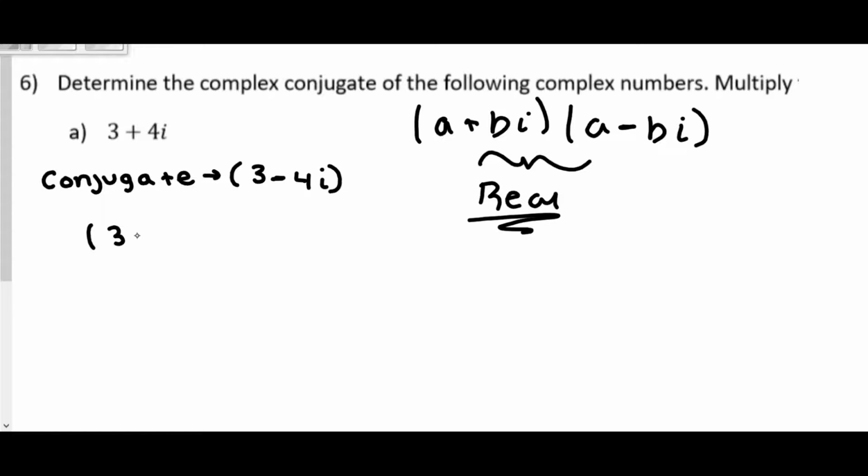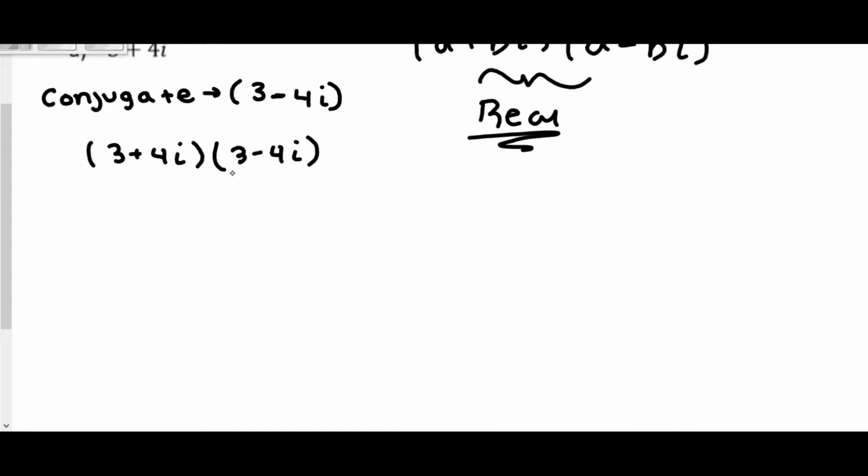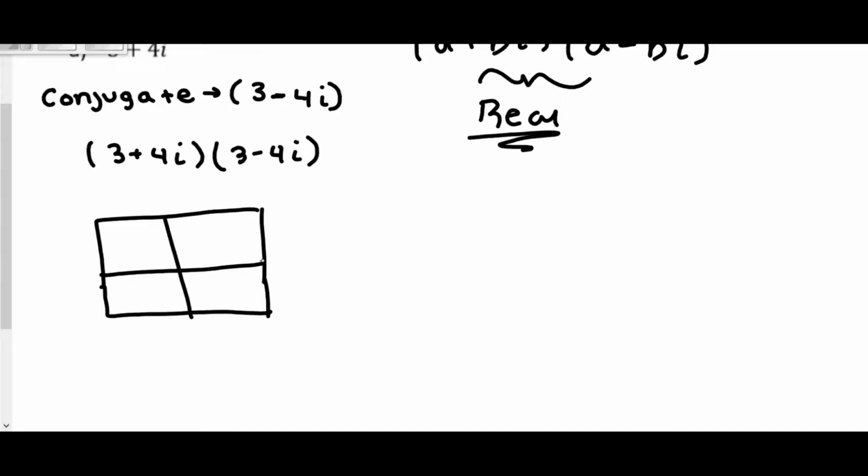So we're going to multiply together 3 plus 4i and 3 minus 4i. You could double distribute, or use your box method. I'm going to use the box method because multiplying complex numbers together kind of models multiplying polynomials together, and this is the method we used for multiplying polynomials together. When you're working with complex numbers, you can treat them kind of as polynomials.